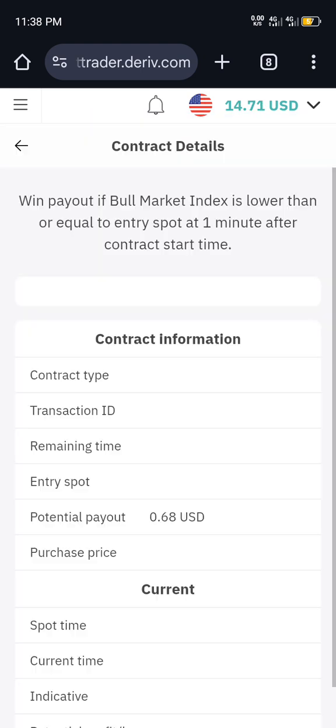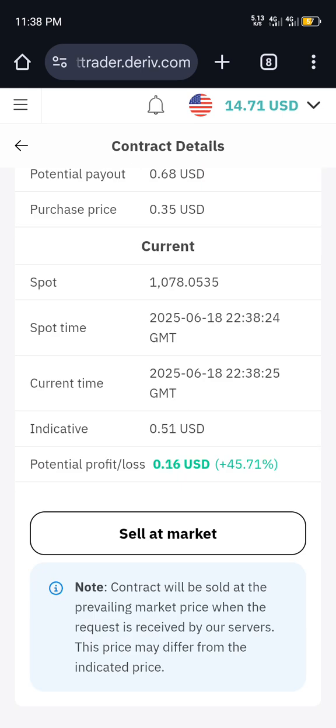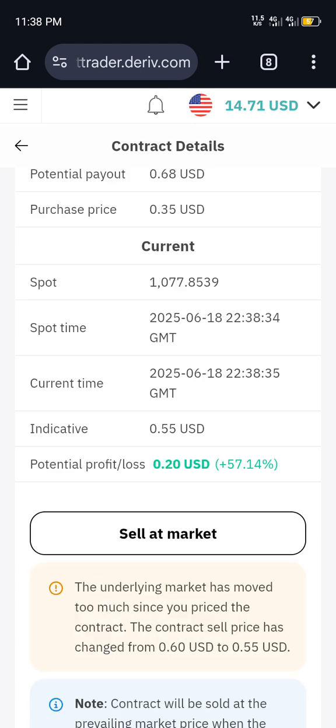I view my trade. I want to see the progress of my trade. Come down here. Remember the 35 cents on my sell on the market, still 25 cent profit, which I saw right now, but the network didn't allow me to close my trade. I try again.